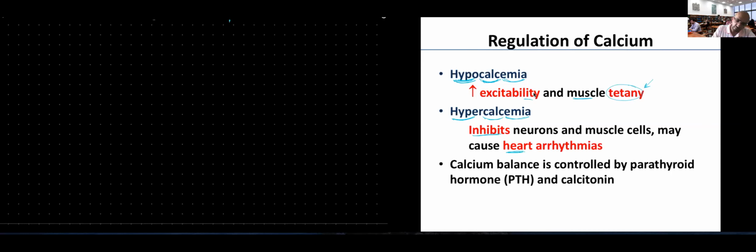Remember, one of the major functions of the calcium was to regulate the action potential of the cardiac muscle cells. In the cardiac muscle cells, I have a depolarization phase in which I'm allowing the sodium in, and I have a repolarization phase. First part of it is due to the closure of the sodium.